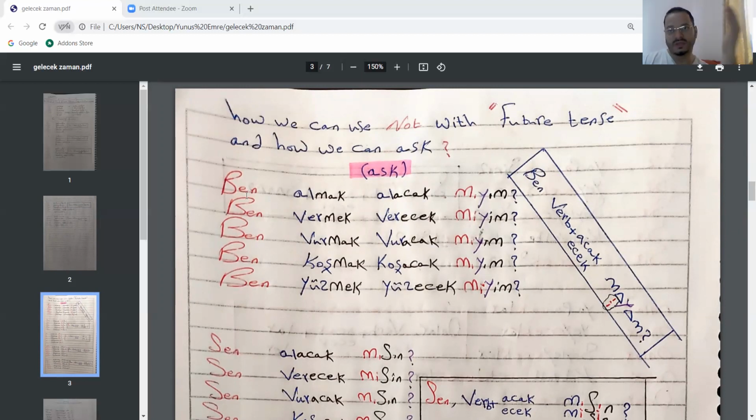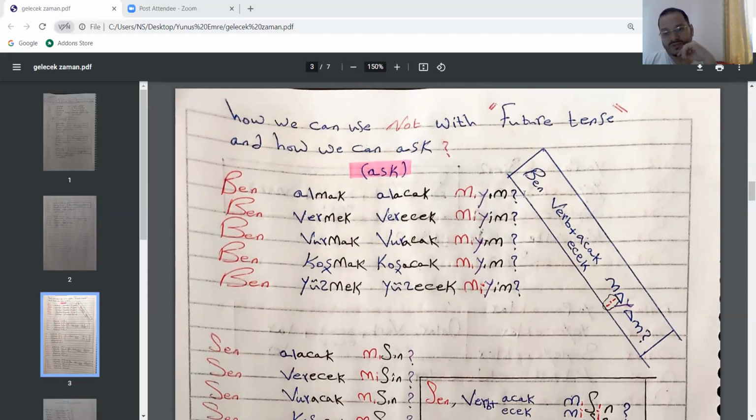What does that mean? It will be the base form of the verb plus acak or ecek, and after that some space, the question tool, M delta, and then the appropriate verb to be related with ben. Because here I have two vowel letters, I must put Y between them, to be alacak mıyım.